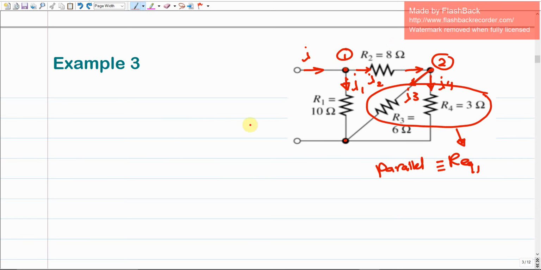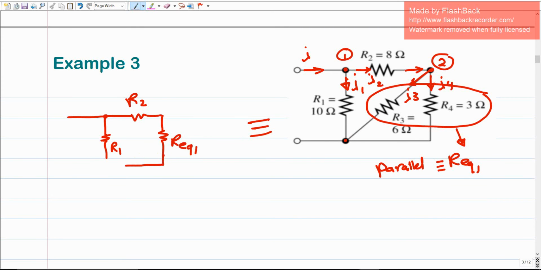Agree? So if I did it, let us draw it here. I'm going to have here, and this should be node 1, and there should be R1 resistance, agree? And there should be R2 resistance. Then what I did here, basically, is I combined these two into R equivalent 1.